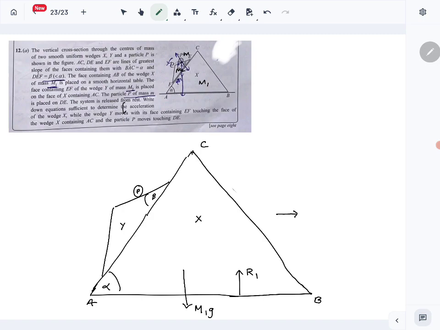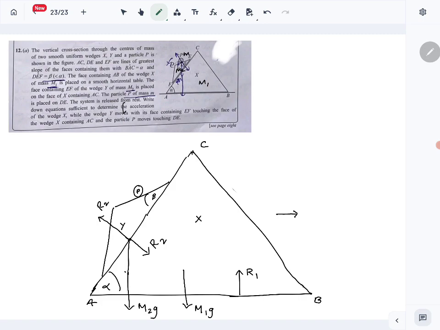But there's also a reaction from wedge Y, let's say R2, in this direction. This is the weight of wedge Y, so that is m2 g.